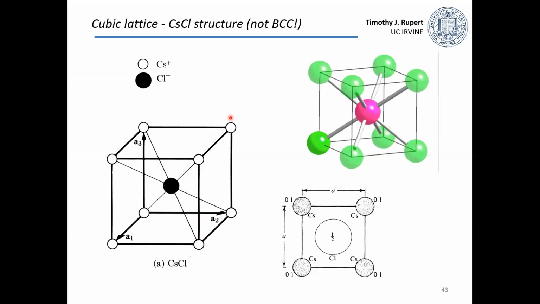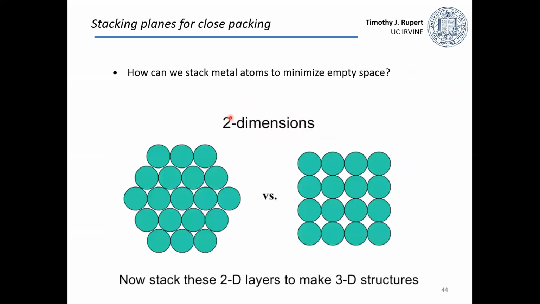Now, we just showed you and talked about how face-centered cubic is the best way to pack atoms we can get to. It's important to ask ourselves if there's any other ways we can get to that same value. So one way to see this is we can think about, let's just start in 2 dimensions first.